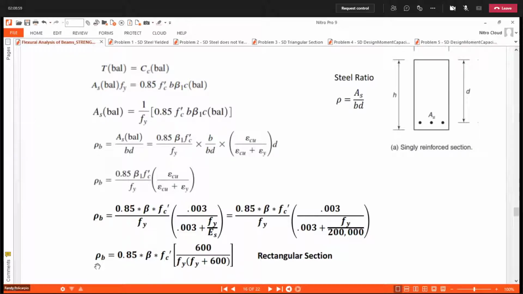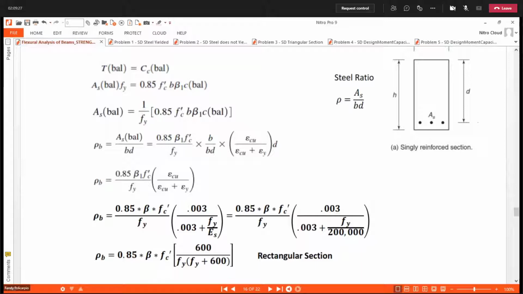So rho balance is equal to 0.85 multiplied by beta 1 multiplied by f prime c multiplied by the quantity 600 over fy, multiplied by the quantity fy plus 600. So this is the formula that we're going to use in determining the steel ratio at balance condition.